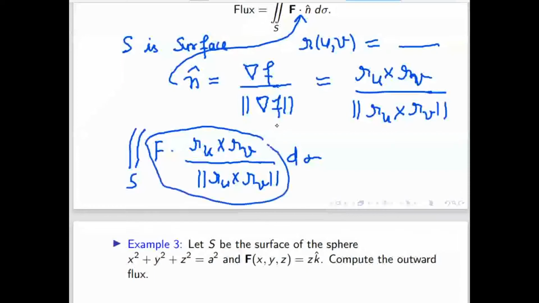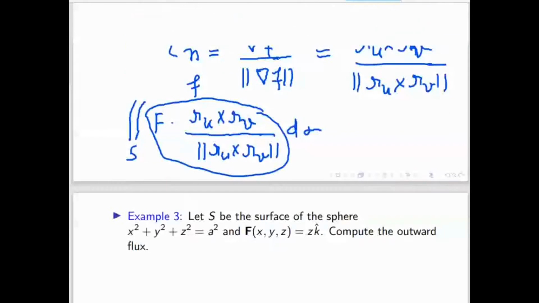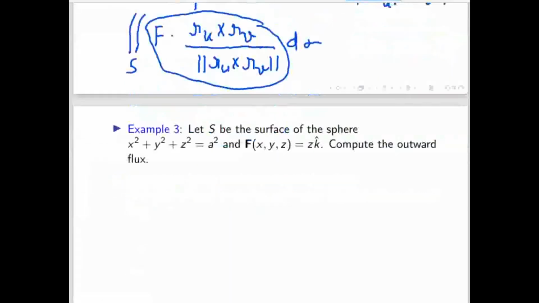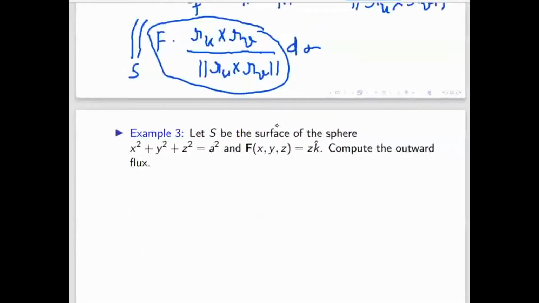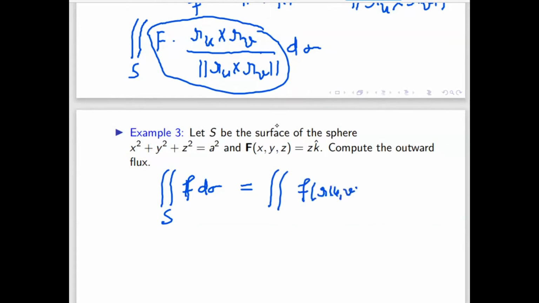This is the surface integral formula for a scalar, so I will use this small f here.